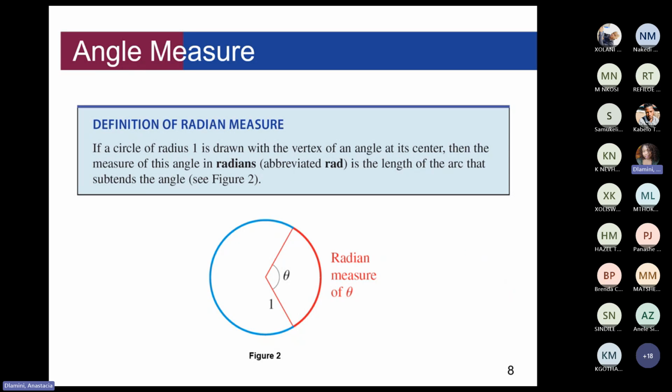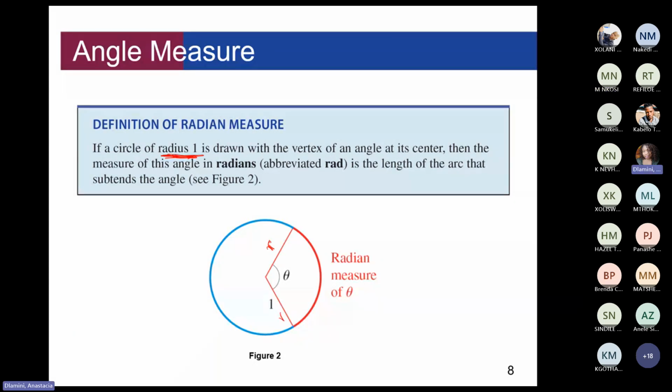So they say that if a circle of radius 1, do you see now we're still on the unit circle, guys? A circle of radius 1 is a unit circle. If it is drawn with the vertex of an angle at its center, meaning its center here, then, since this is the center, this one is radius 1, this is a radius, and this is also a radius.